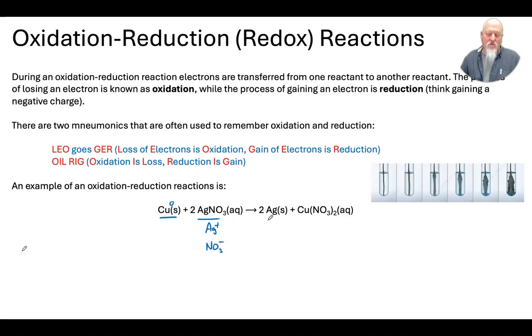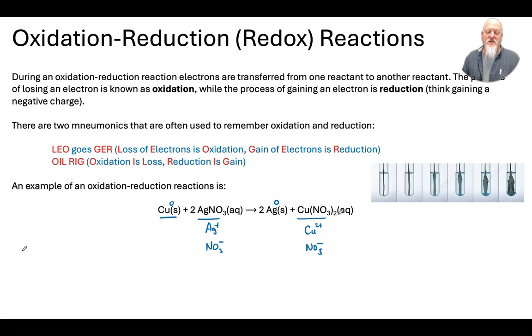Over in the products, the silver ends up being the metal piece, so that's zero charge on the silver atoms. And here, this is an ionic compound, so the copper is the cation, so it's Cu2+ in this case, and NO3-. I can figure out it's 2+ because there's 2 NO3 minuses, so that would be 2 minuses.